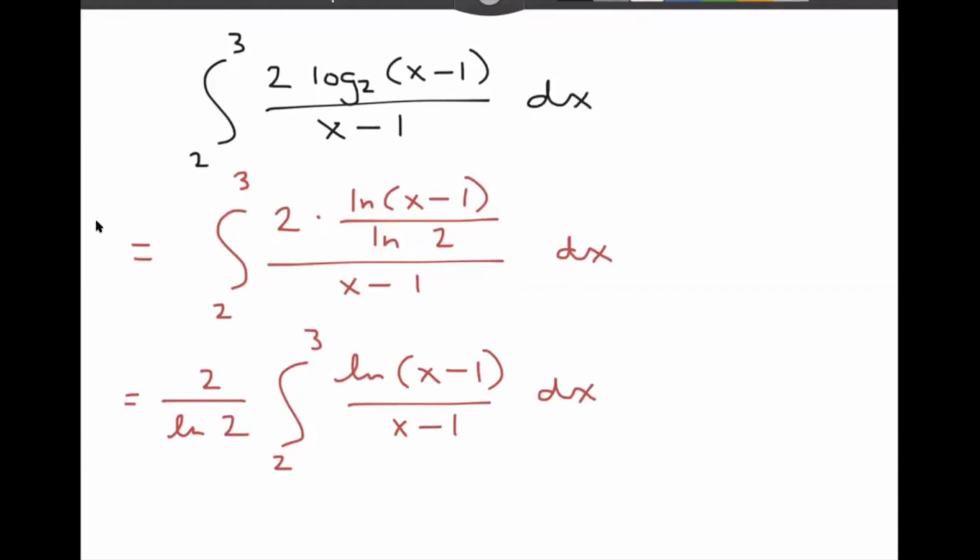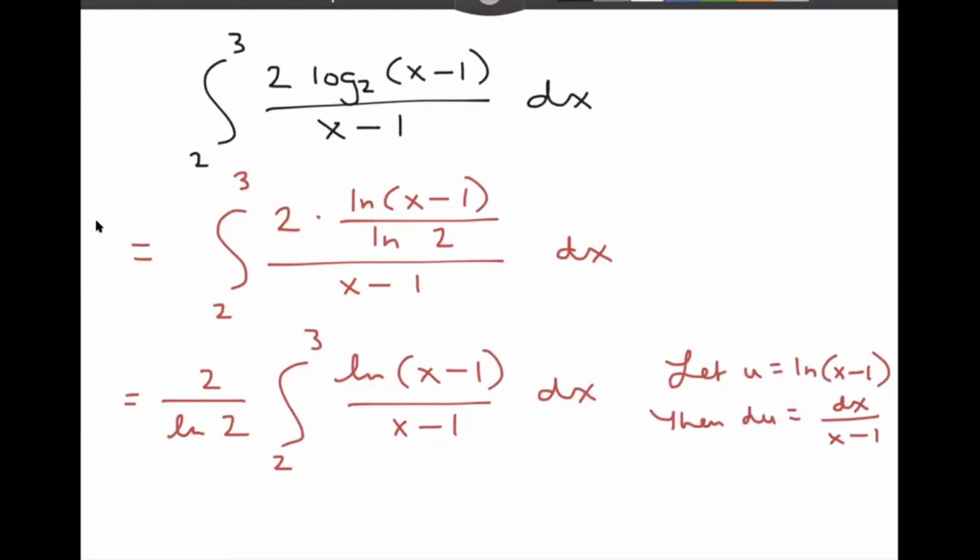Well, in this case, u is going to be natural log x minus 1. And why is that a good thing to do? Because then du is going to be 1 over x minus 1 dx. Look, that's exactly what we need. So we'll have u and we'll have the du.